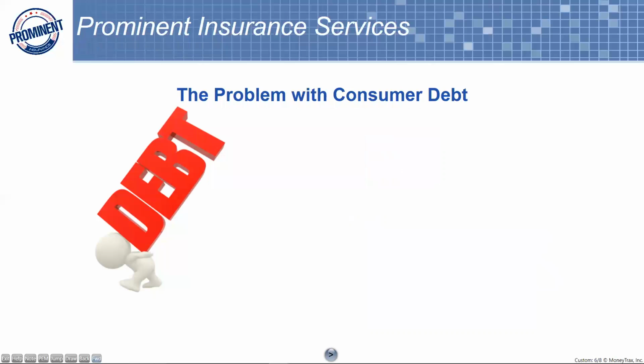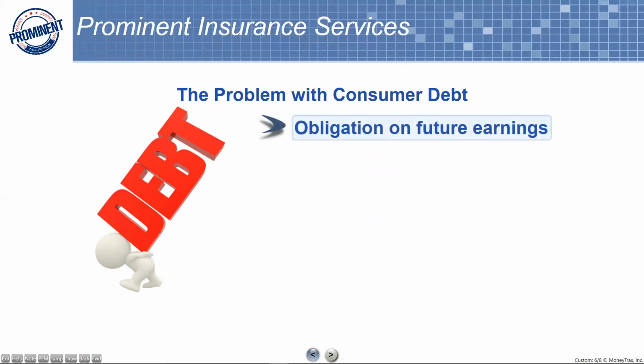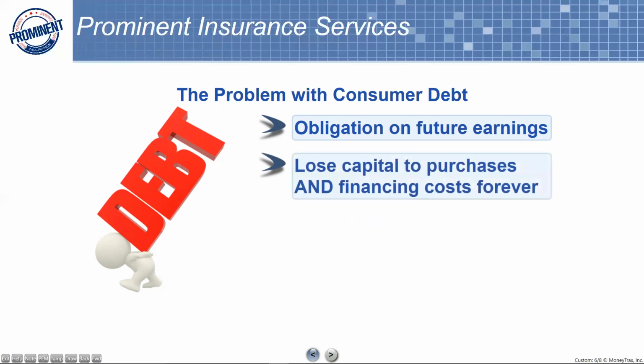Okay. And we're just going to give you some examples of the problem with consumer debt. What's the problem with it? One is the obligation on future earnings. You lose capital to purchases and financing costs forever. So you never get back the capital that you spent or the financing costs.